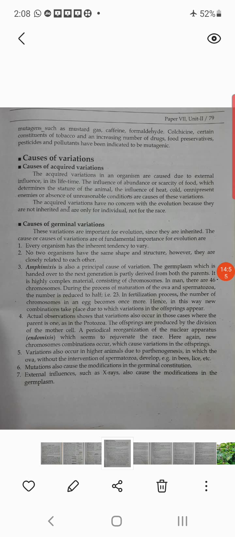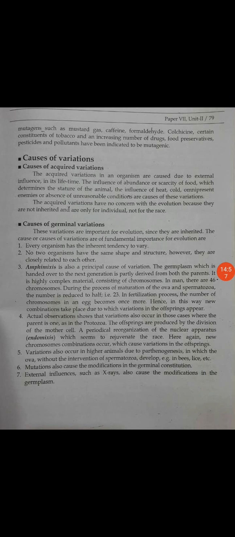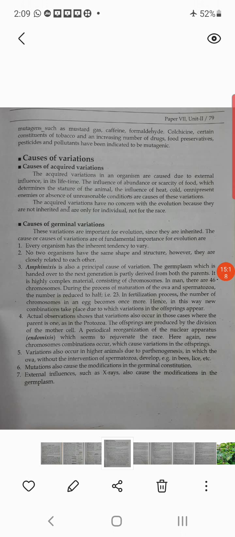Amphimixis means the mixing of various genes at the time of reproduction, during the fertilization process. Actual observation shows that variation also occurs in cases where there is one parent, as in protozoa, where offspring are produced by the division of the mother cell. That is endomixis. We studied this in the first year.